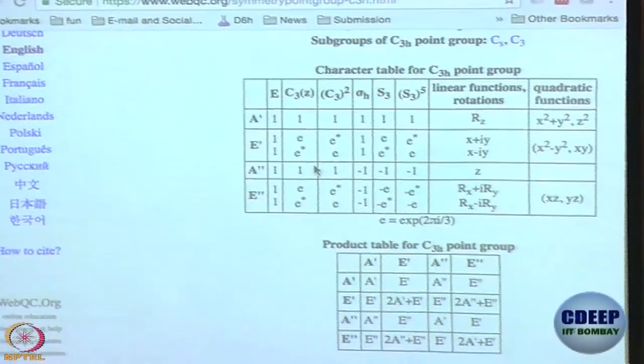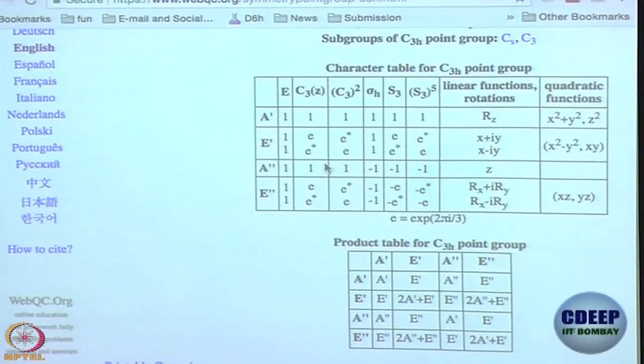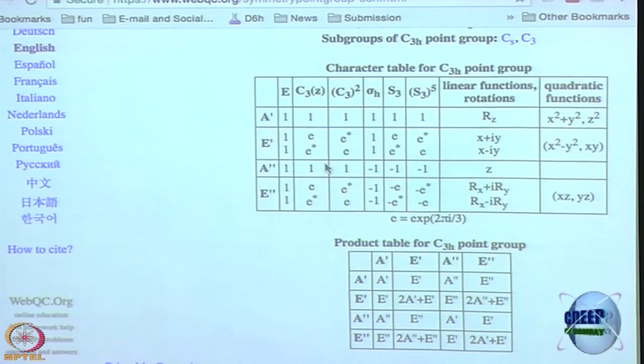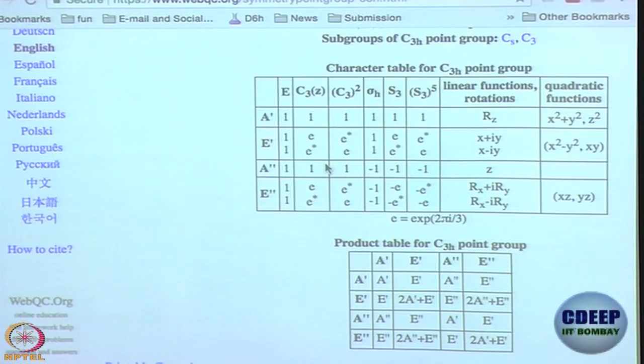Second point to note is we have this scary E star, right. What is E here? Exponential 2 pi i by 3, which tells you that characters can actually be complex. Okay. In this course, we are not going to deal with complex characters. In case you study the course on group theory later on, that is where we will talk about this at length.